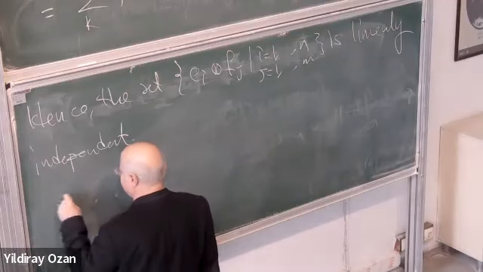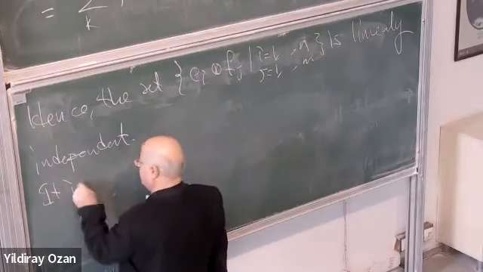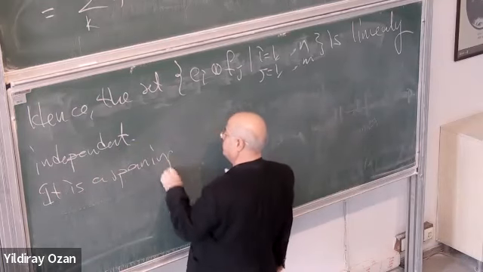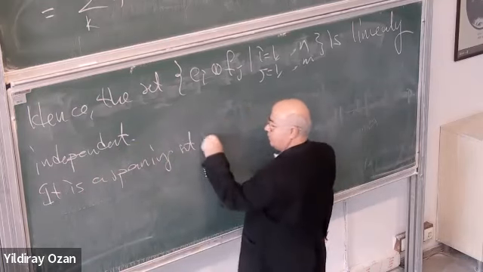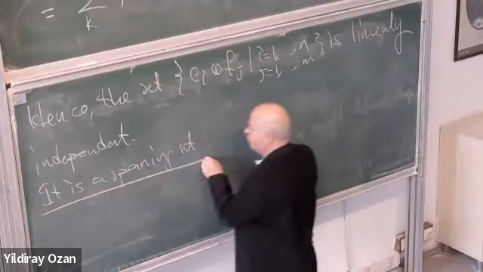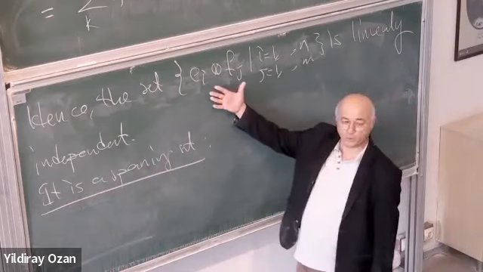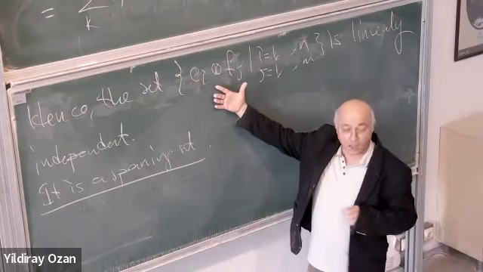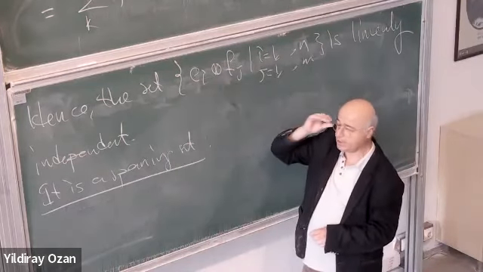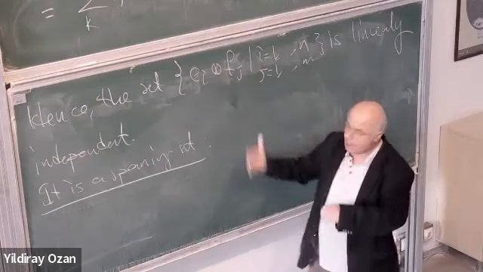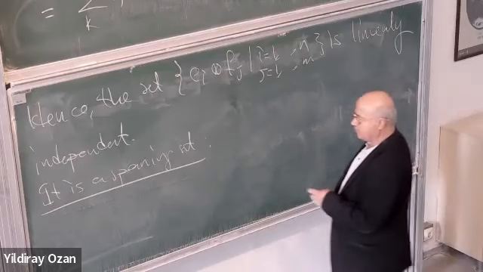Why is it a spanning set? Let's see. So what I mean is, every element of the tensor vector space is a linear combination of these elements. But that is clear, right?